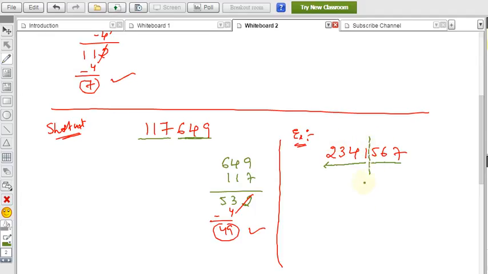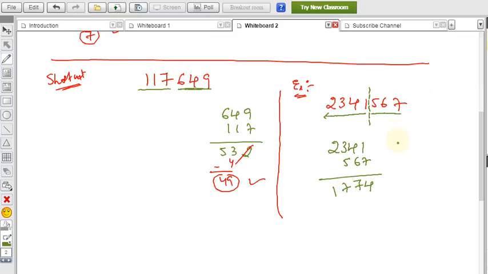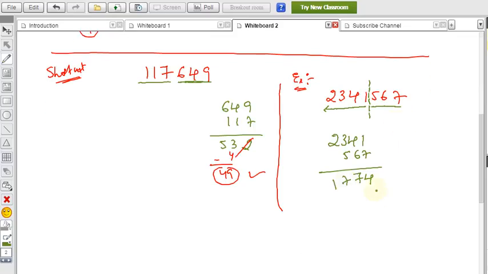Among these two, which is the highest? From that you subtract the small one. 2341 minus 567: 11 minus 7 is 4, 13 minus 6 is 7, 12 minus 5 is 7, giving 1774. Then you can continue the same process.